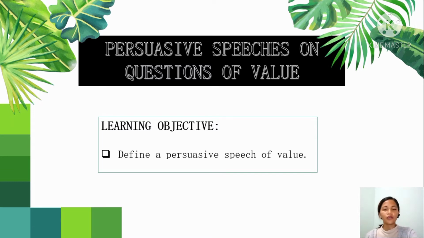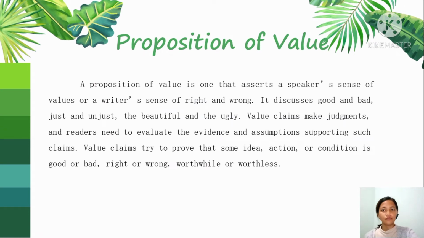So our learning objective is to define a persuasive speech of value. A proposition of value is one that asserts a speaker's sense of values or a writer's sense of right and wrong. So it discusses good and bad, just and unjust, the beautiful and ugly.